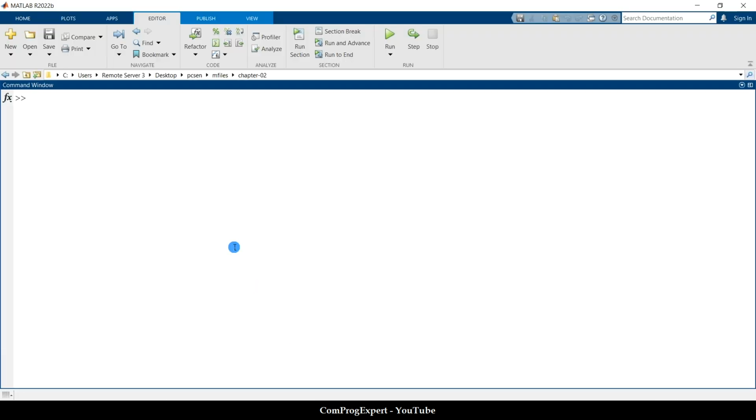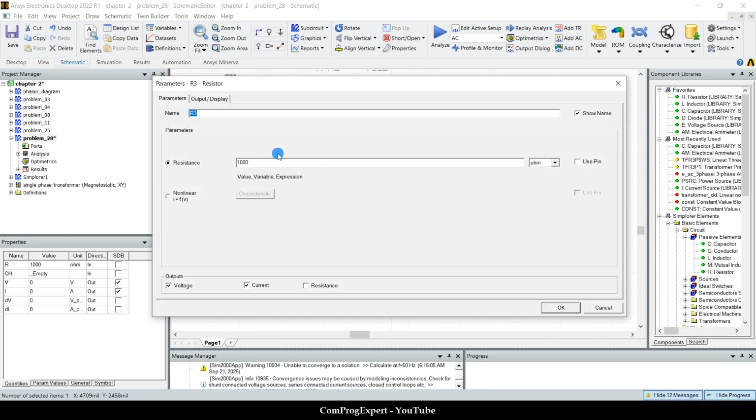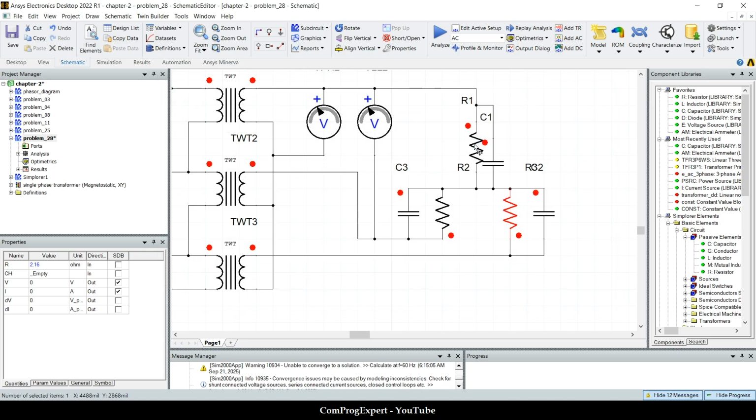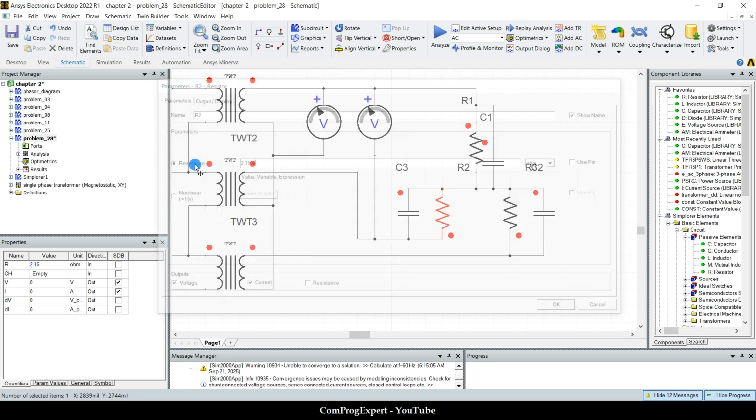Here, 120 to the power 2 divided by 20 kilowatts divided by 3. This is the value of the resistance. Let me set this number here. The unit is ohm.